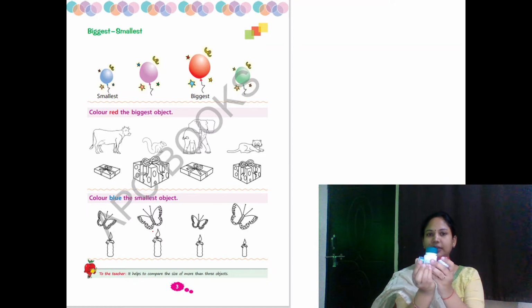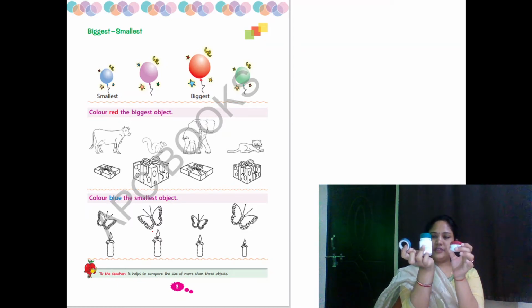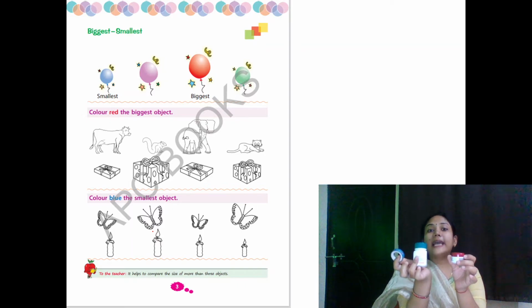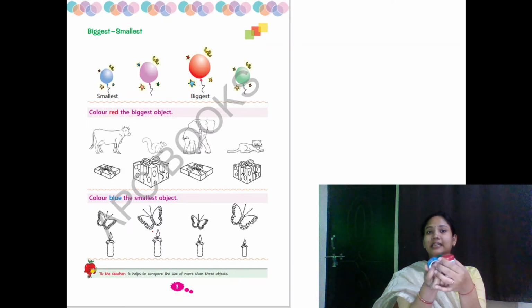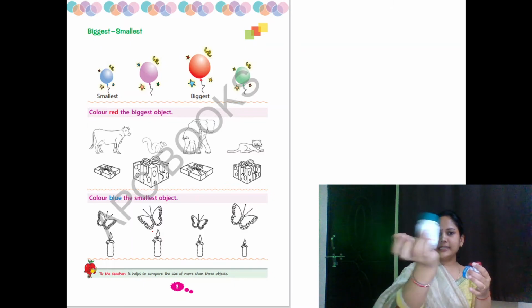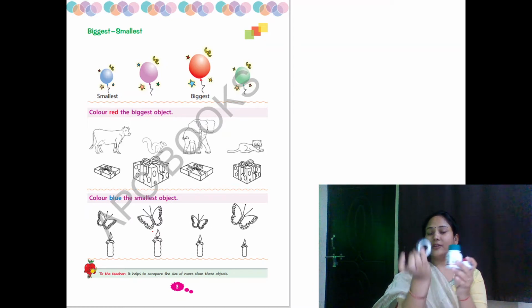For example, I have a sellotape ring, I have this box and I have this. Now I will use the term biggest and smallest. सबसे बड़ा, सबसे छोटा. So now can you tell me which is the biggest object here? Yes, this box is the biggest. Now which one is the smallest over here? Yes, this sellotape ring is the smallest.